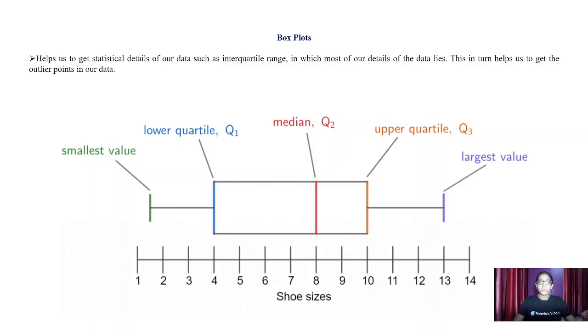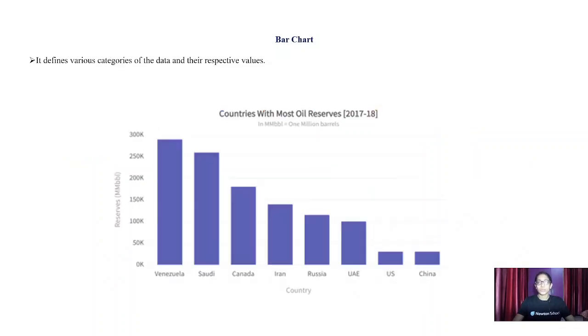The smallest value is recognized as the minimum, and the lower quartile is represented as Q1. The median comes in between, and it is Q2. Similarly to the lower, then comes the upper quartile, named Q3. Now comes the largest value, the maximum.